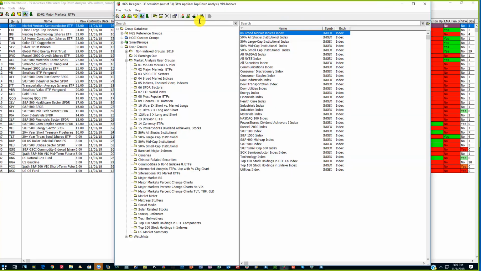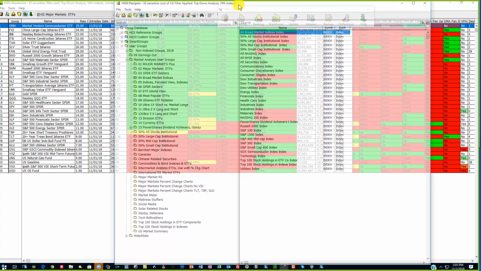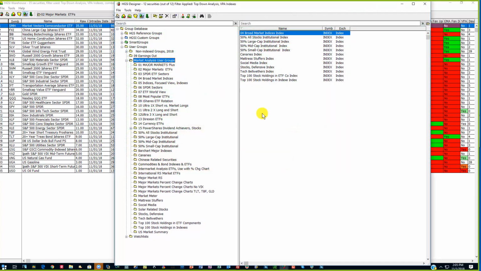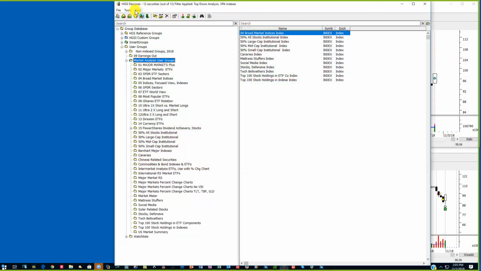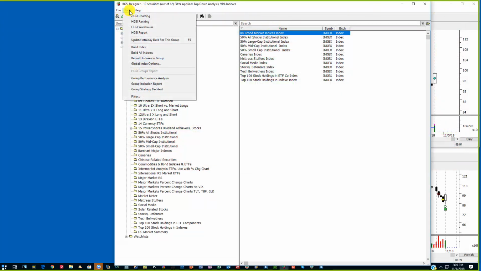Now I want to show you in the designer what my market analysis user groups are. And while I'm doing this, what I think I'll do is update all of the indexes in the background. Now, during the day, if you have Thinkorswim running or the other data provider, you can go in and you can build the indexes.